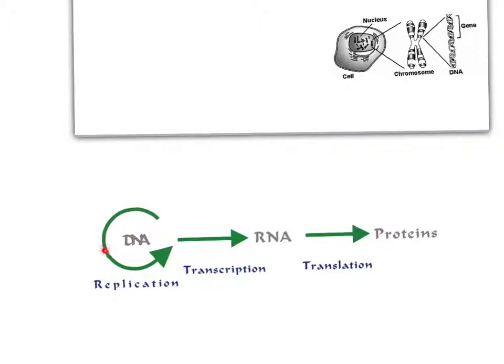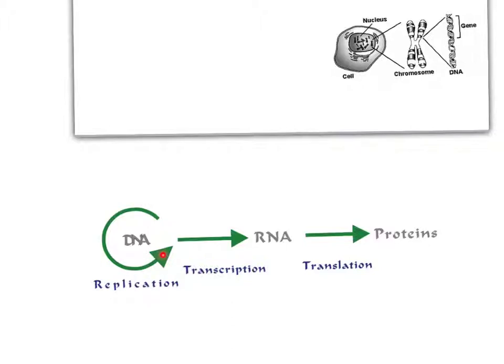DNA here can replicate, and that allows copies of DNA to be put into new cells, which means that all the cells of an individual contain an exact copy of all of the DNA, or the genome as it's sometimes known, of an individual. So we've got copies of the DNA in all of the cells.